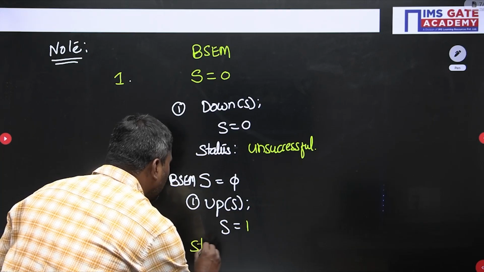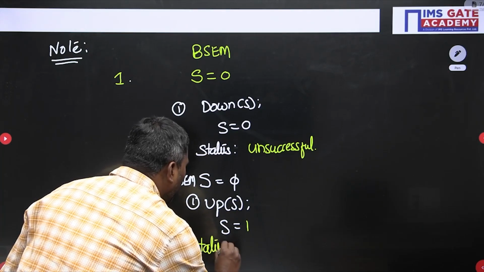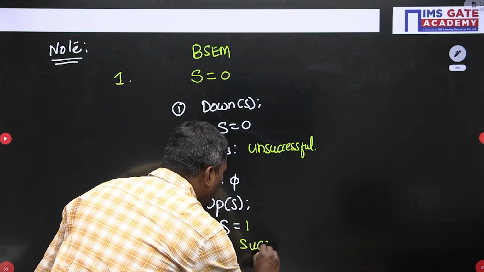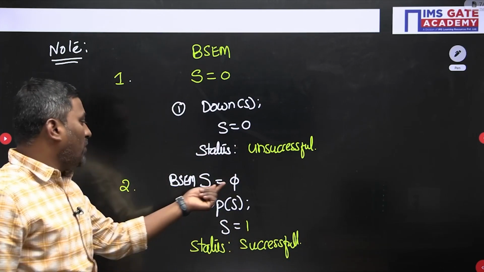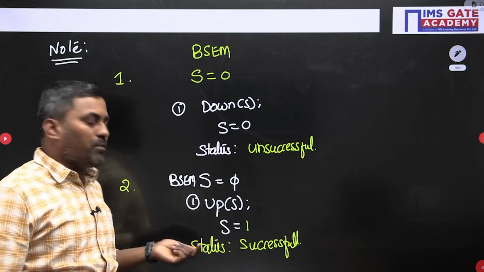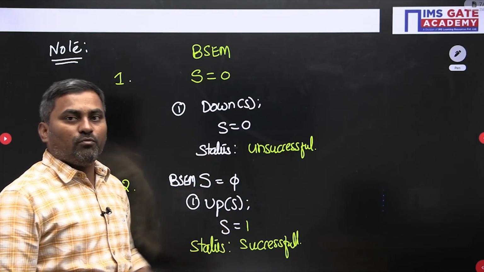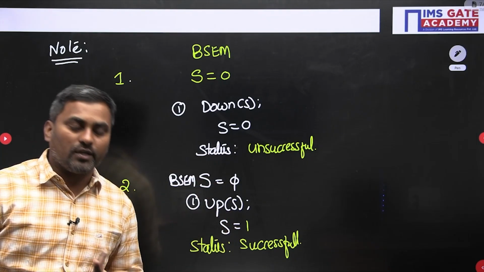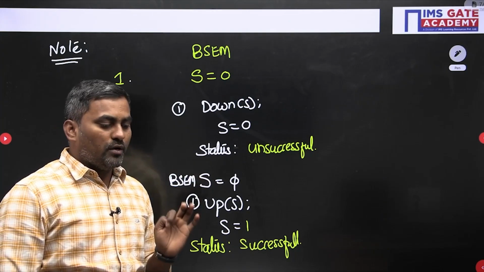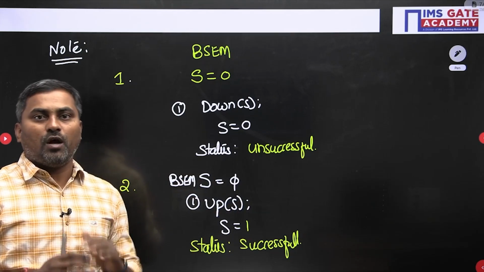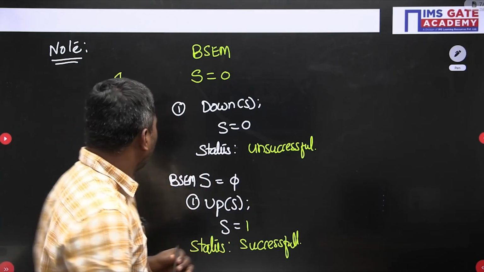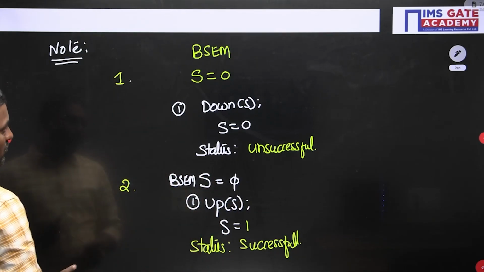The status will be a successful operation. If the value is 0 and you increment it to 1, it is a successful operation. There is no unsuccessful operation while performing the up operation, it is always successful. This is note point number 2.